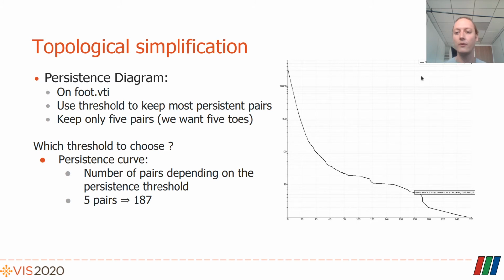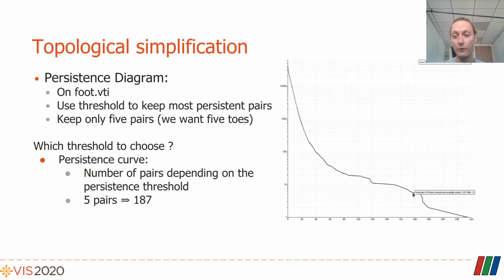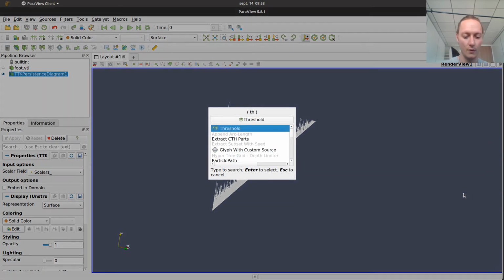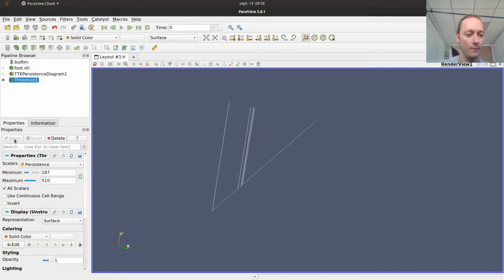Here is the persistence curve on the foot.vti, which shows you for each persistence value how many pairs are in the persistence diagram. And we can see in this curve that to keep only 5 pairs, we need a threshold of 187. Let's try this. I want a threshold on the persistence diagram using the persistence, and I want to remove all the pairs below 187. Here is the result.